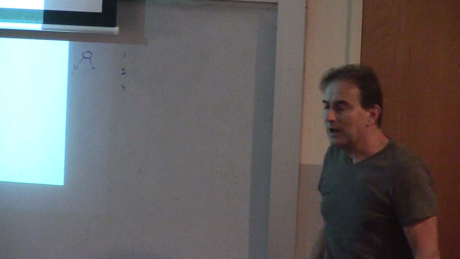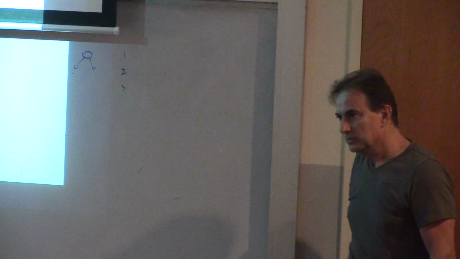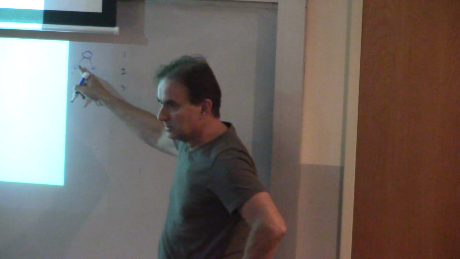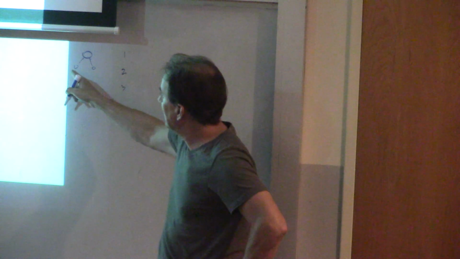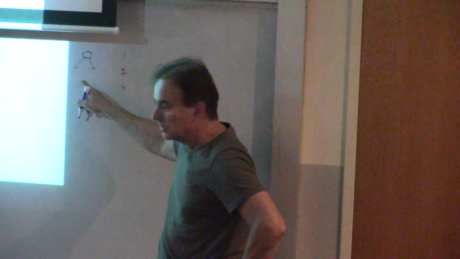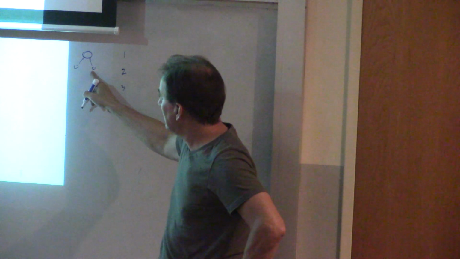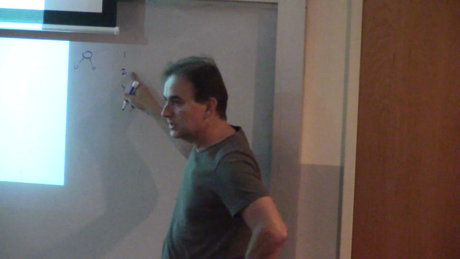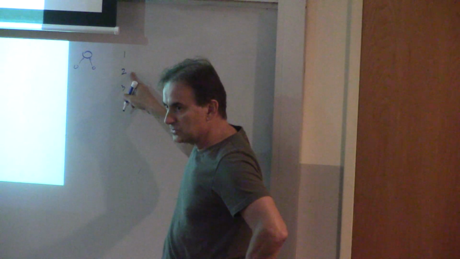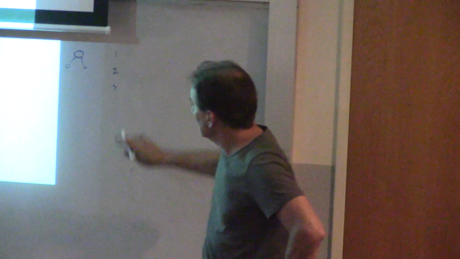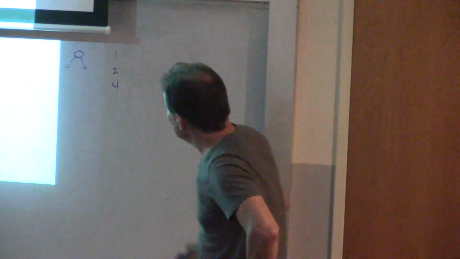And I have how many possible choices? Well, if I went in this direction, I would have 1, 2. And if I went in this direction, I would have 1, 2. So I have 2 choices to get here. And so therefore, how many choices do I have here? 4.